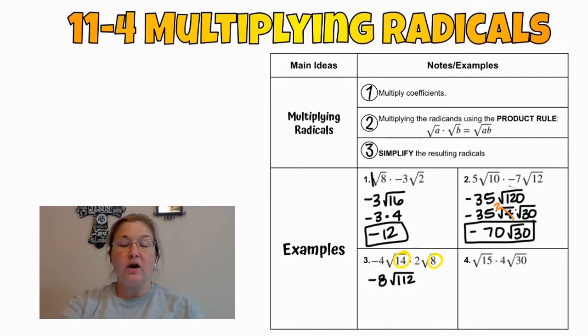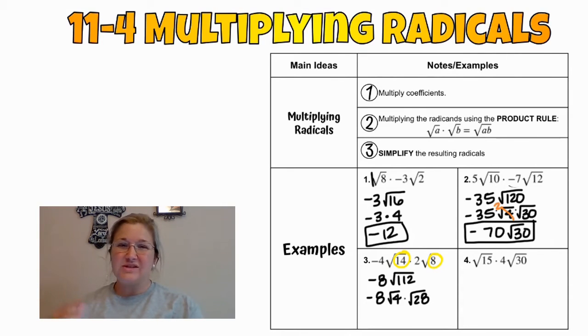Now, 112, we're going to have a perfect square that can go into that, which my first one is going to be 4. So I'm going to get negative 8 times the square root of 4 times the square root of 28. So 112 divided by 4 gives me 28.